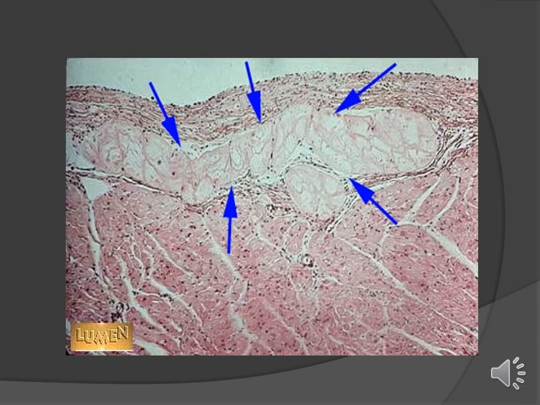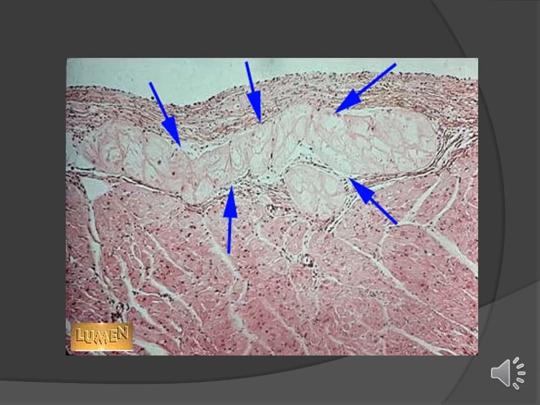This slide shows the vein. The black arrows show the large irregular lumen of the vein. The wall is thinner than the wall of the artery.